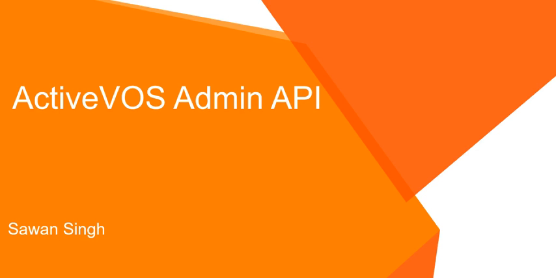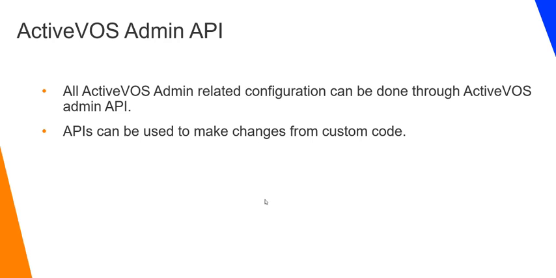In the ActiveVOS console, we have a tab called Admin tab, where a lot of administration related changes can be done. The same can be achieved using the ActiveVOS Admin API as well. So we will discuss it in more detail today. All ActiveVOS admin related configuration can be done through the ActiveVOS Admin API.